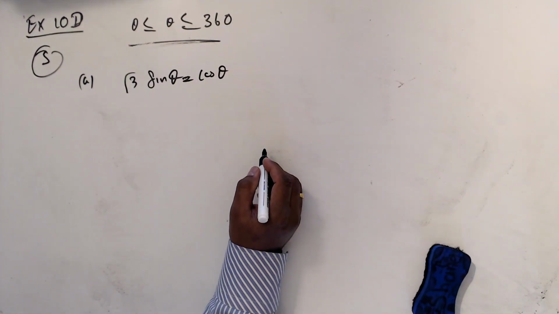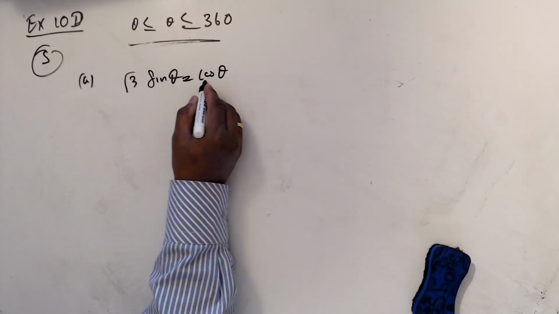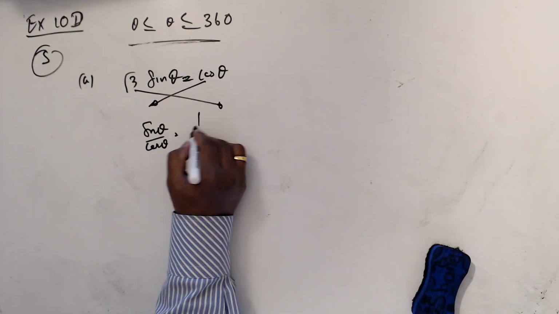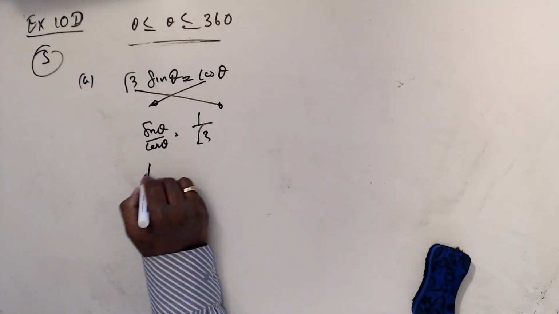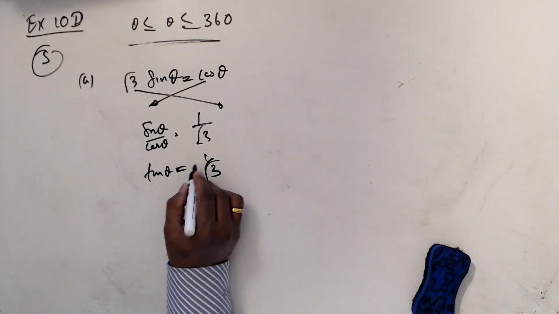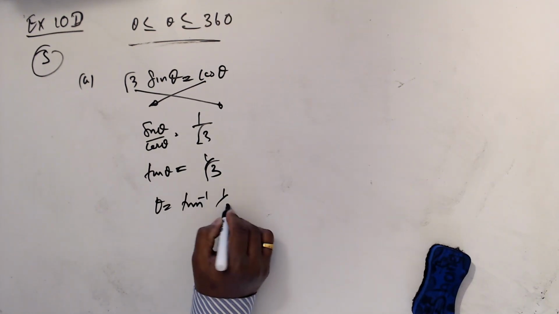Question number 5a. I'll bring cos theta down, square root 3 down. So sin theta over cos theta equal 1 over square root 3. Tan theta equal 1 over square root 3. Theta equal tan inverse 1 over square root 3.